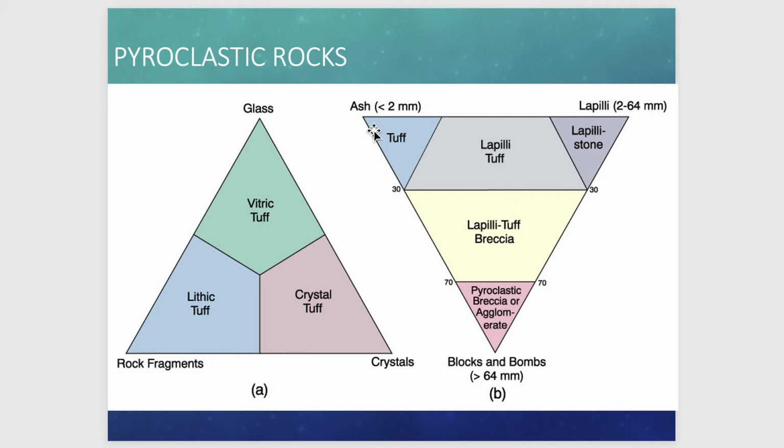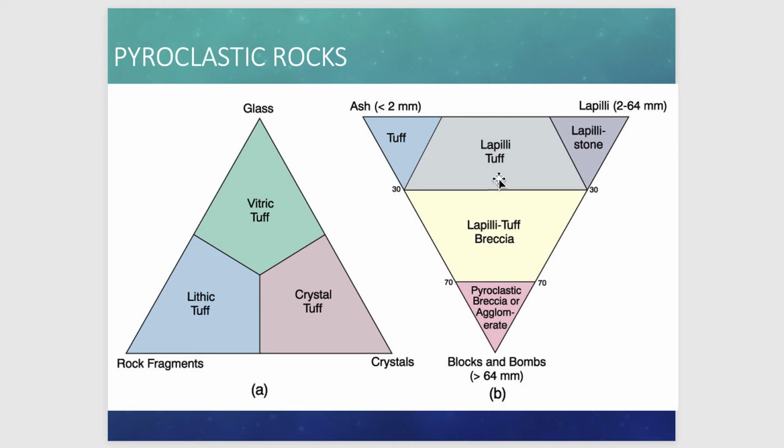So if we move away from the tuffs that can have variable compositions and increase the size of the fragments up to 64 millimeters, we usually call them lapilli, or a lapilli tuff if it's a compromise between tuffs and lapilli stones.